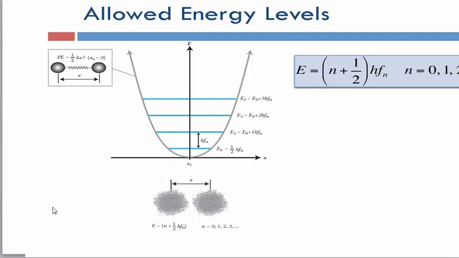So again, we draw here the potential, this parabola, that's 1/2 kx squared. And then we see that the minimum allowed energy is over here at E0, and it's 1/2 h f n.